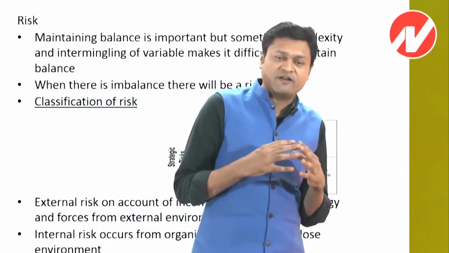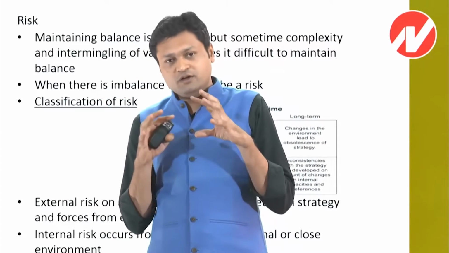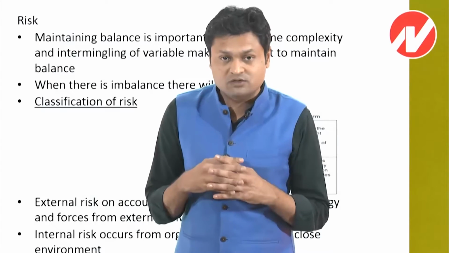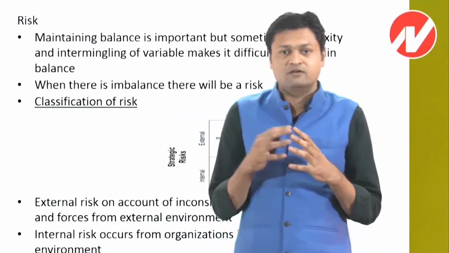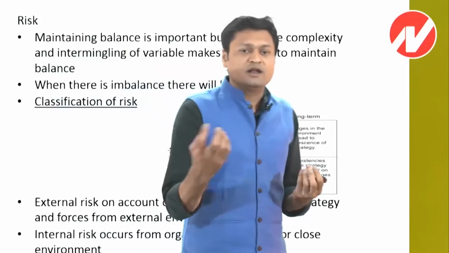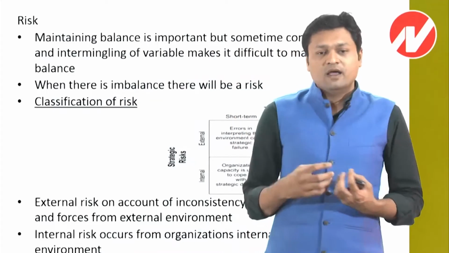Intermingling of environmental factors means complexity. एक तो difficult to understand है, और दूसरा intermingling means एक दूसरे में mix हो जाते हैं. Both are different kinds of factors. Take the example of education. Education and social class, education and income have a correlation.